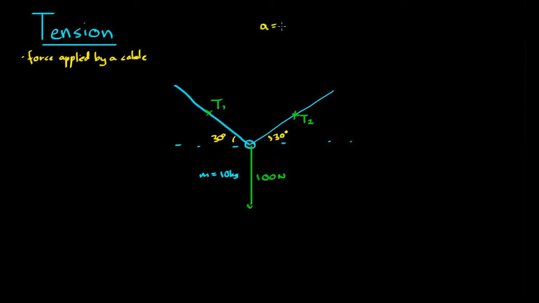Therefore, acceleration equals 0. And we also know that since sum of forces equals ma, if a equals 0, then the sum of forces equals 0. So these 3 forces, 1, 2, 3, all have to balance each other out.